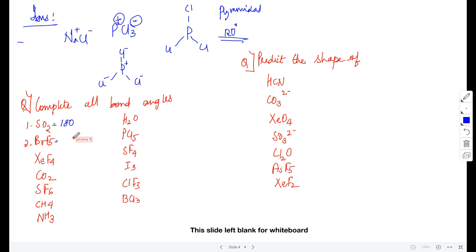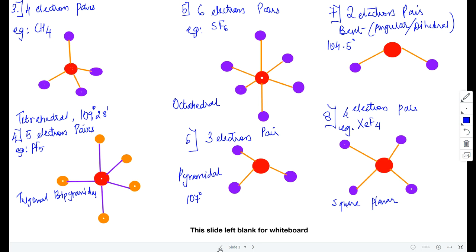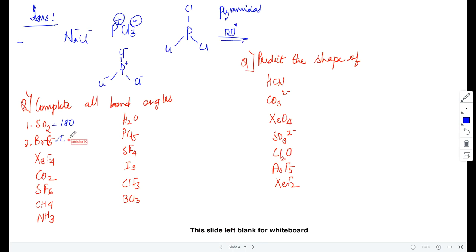Number 2, I found it was a trigonal bipyramidal, so that wouldn't have any angles, right? Yes, so this is trigonal bipyramidal. I'll just write TB.